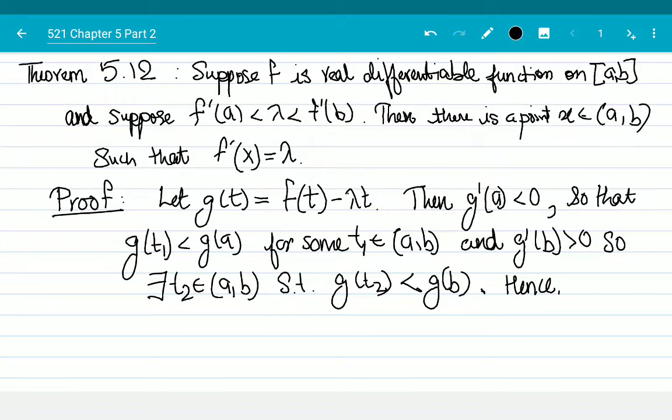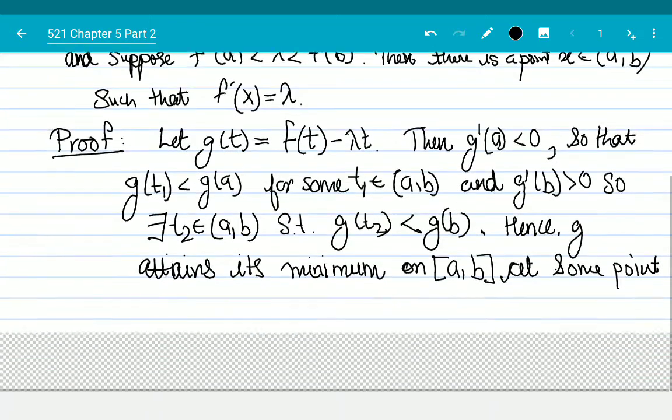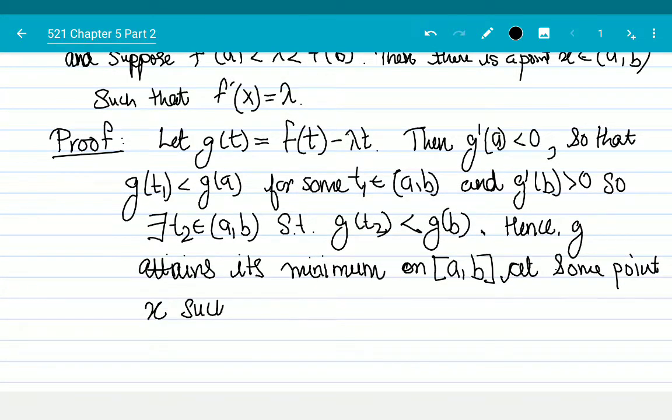Hence, g attains its minimum on [a, b]. Every continuous function attains its maximum and minimum at some point x such that a is smaller than x smaller than b, right?